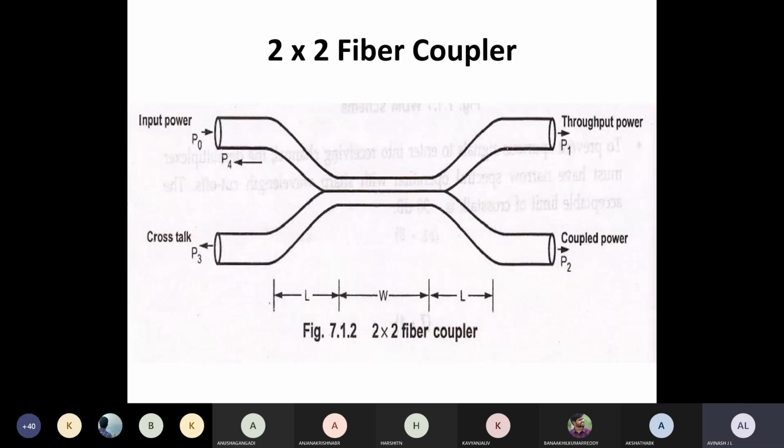After writing this one, we'll go to the next one. In the N cross N fiber coupler, we'll study the 2 cross 2 fiber coupler.